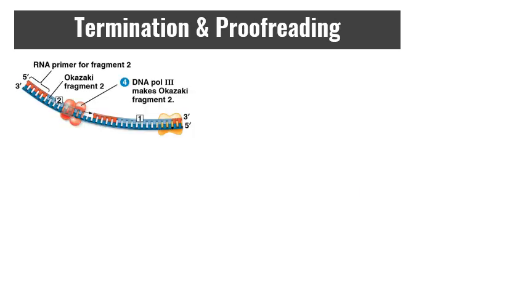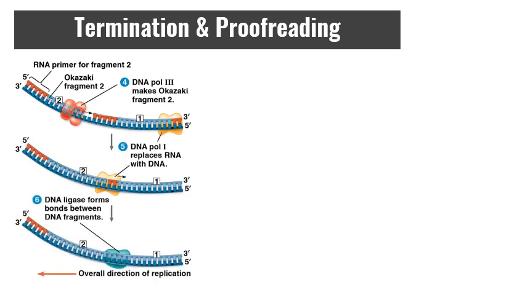Once all of the complementary bases have been produced, we need to enter the process of termination. In termination, you're going to have a variety of enzymes that come together to clean up and to finish off the process. DNA polymerase 1 removes the RNA primers and replaces them with DNA. Polymerase 1 is a slower builder, but it does allow the double checking of polymerase 3's work, proofreading the DNA strands and correcting any errors.